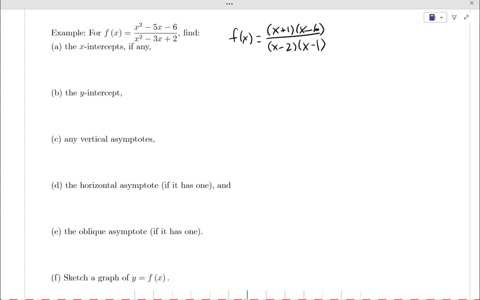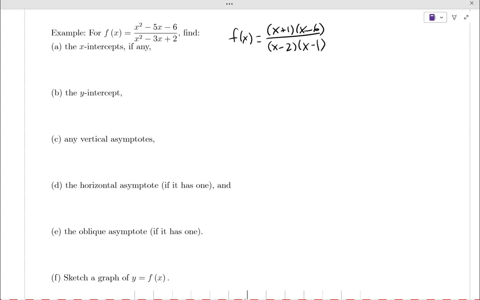All right. X-intercepts. For any function, doesn't matter what the function is, how do you find x-intercepts? What do you set equal to 0? The function, right? You do f of x equals 0. That's how we find any x-intercepts. In this case, f of x is a fraction. When is a fraction equal to 0? How do you make a fraction equal to 0?